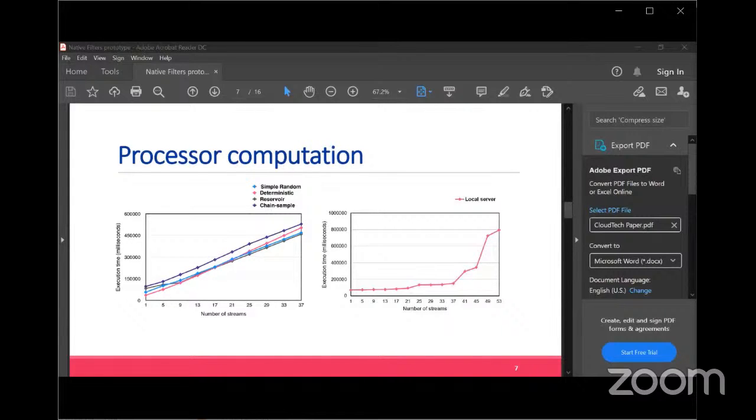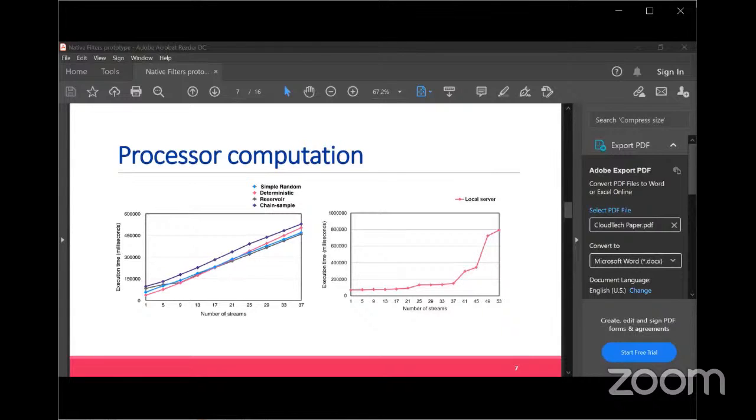We evaluate in the first figure, as you can see in this slide, the execution time taken by the central monitoring system to construct and to build a summary for each received data stream using some sampling algorithm. Of course, more details about these algorithms can be found in our paper.